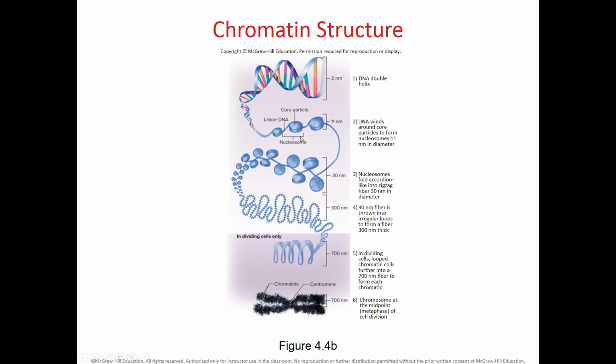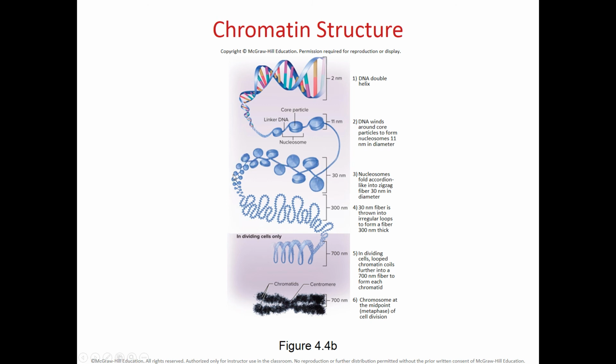Now this structure will wind up a little bit more and form a 30 nanometer structure, in which these nucleosomes, which are basically part of the linker DNA and the core particle that wraps around the histone, wrap more, and you'll form a 30 nanometer fiber that looks like a zigzag.